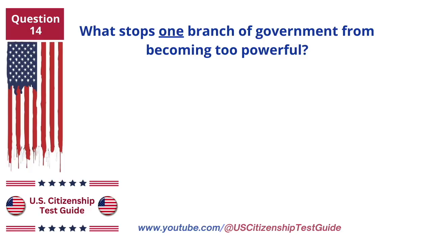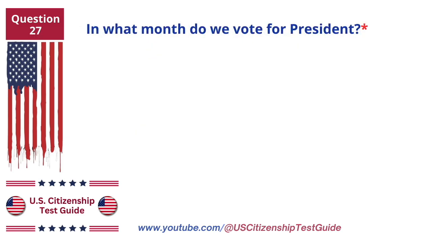What stops one branch of government from becoming too powerful? Checks and balances. In what month do we vote for president?